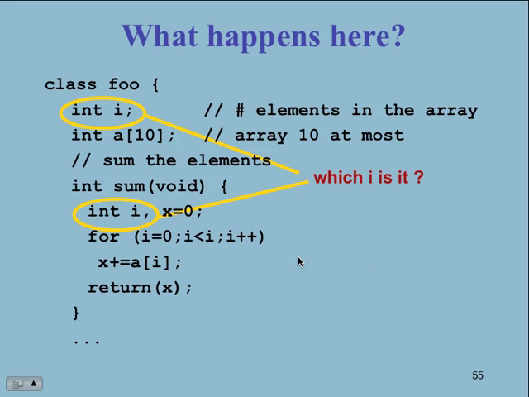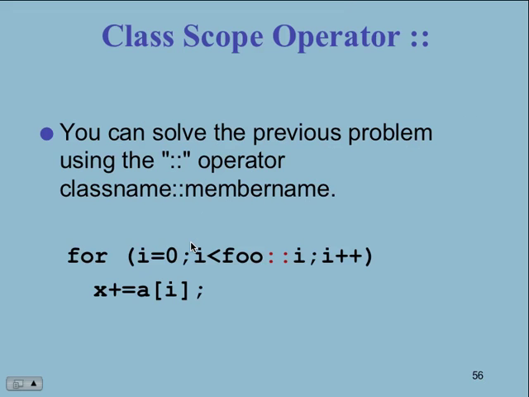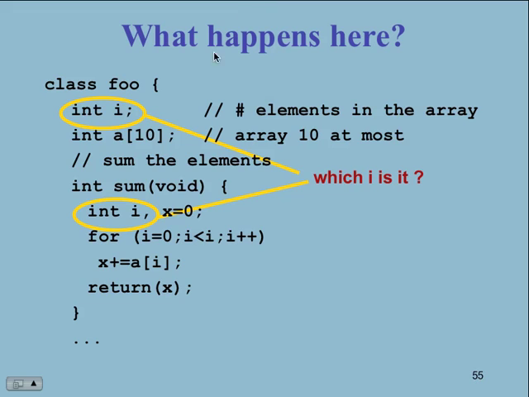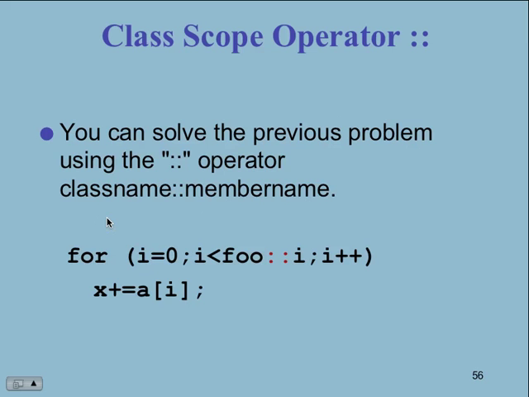So if we rewrote this line of code that printed it out, and prefaced which i we wanted, we would use this notation, foo::i, which gives us this i. Otherwise, we're going to get this i. So we can easily change the scope by using the scope resolution operator.